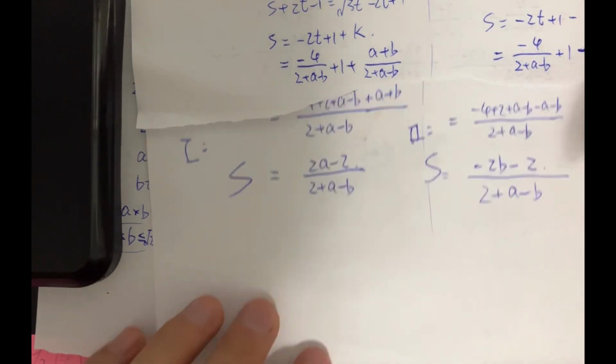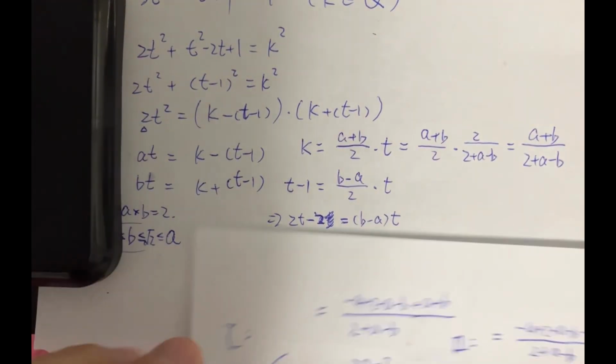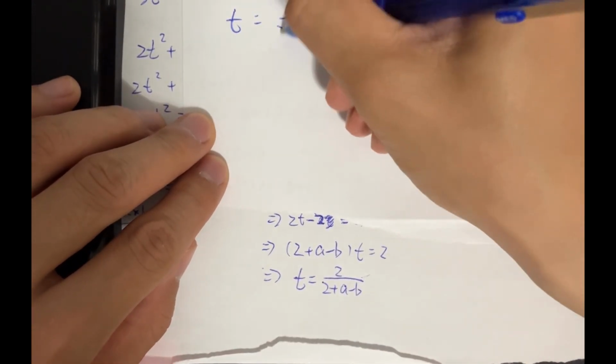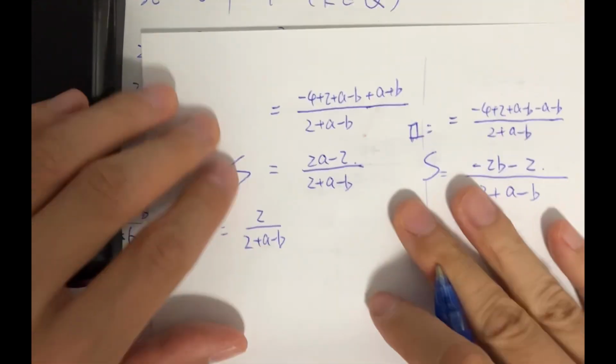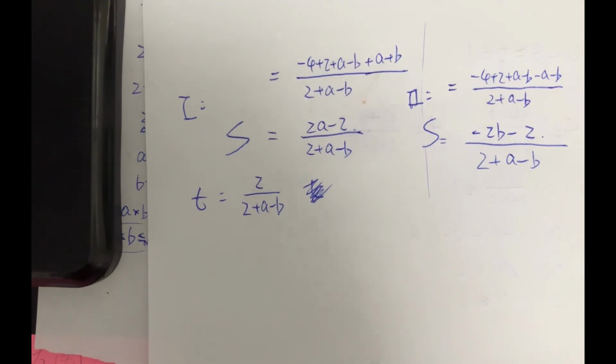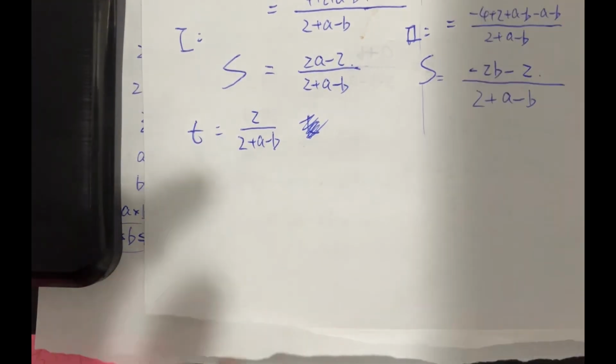All right. And let's copy the other two, right? Let's just copy them. What is t? T is 2 over 2 plus a minus b, okay? And what is k? We don't need k anymore, just t will do. And what is the range thing? Let's see it here.